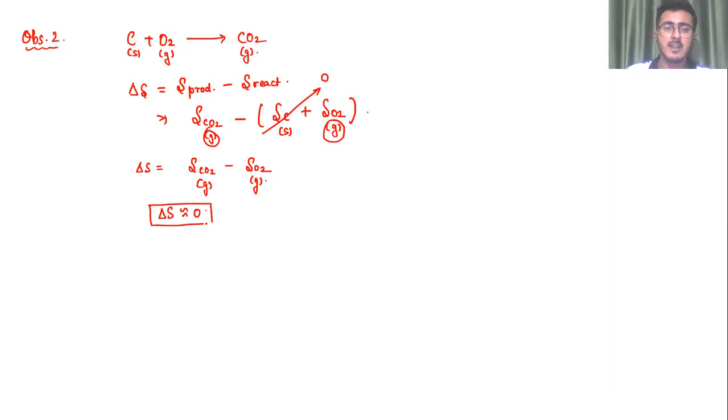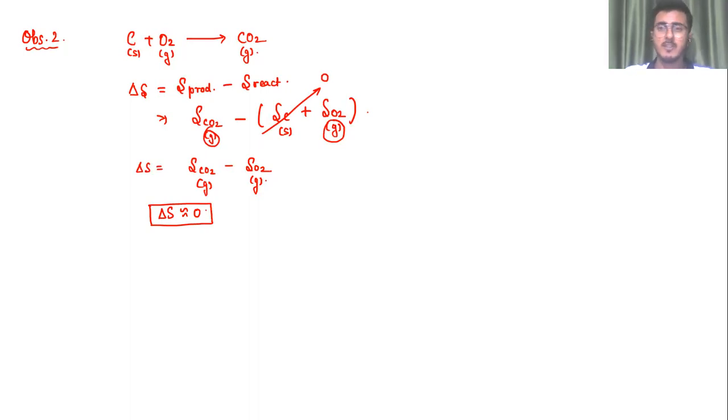Okay. So that is the change in the entropy of the reaction for this kind of a reaction, which is basically equal to 0. Okay. And because of that, delta S is what? Delta S is nothing but the slope, right?